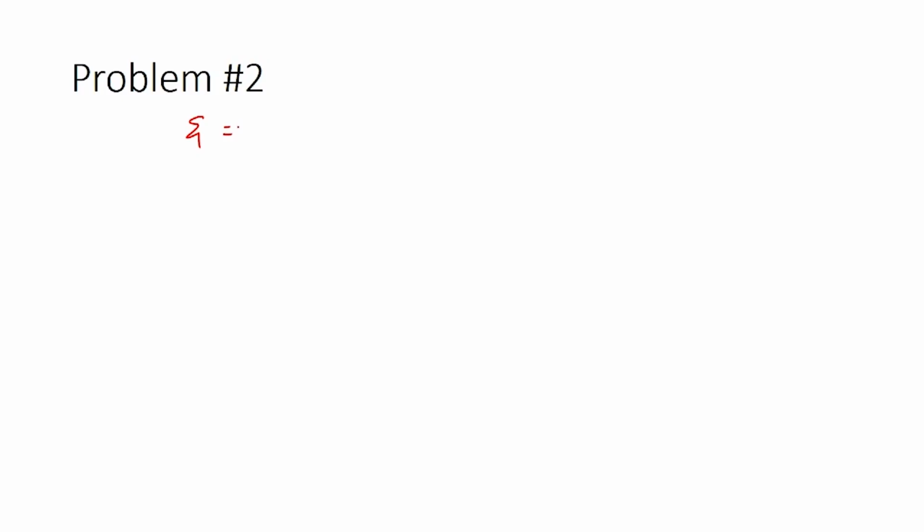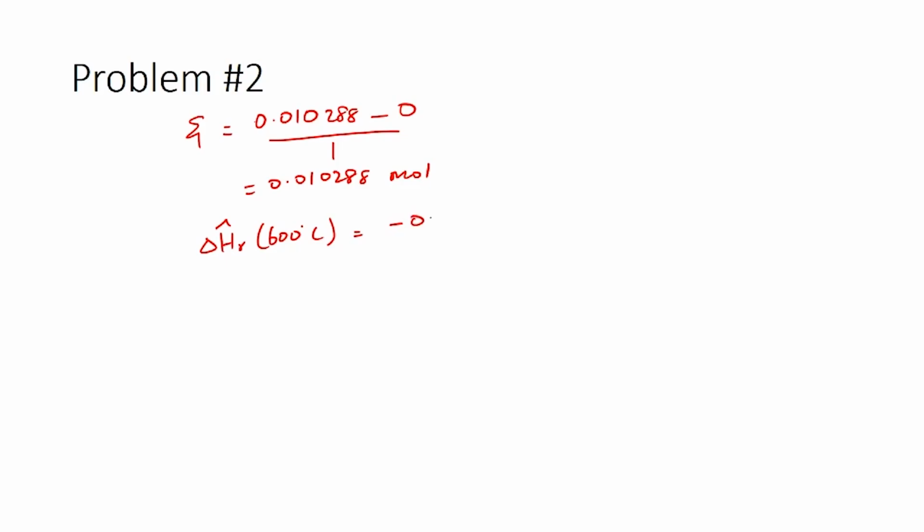Using methane final and initial amounts, we would have 0.010288, which is the final, minus initial, which is 0, divided by the stoichiometric coefficient of methane, which is 1, giving you the extent of reaction as 0.010288 moles.